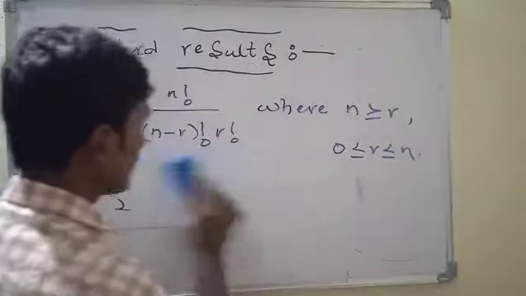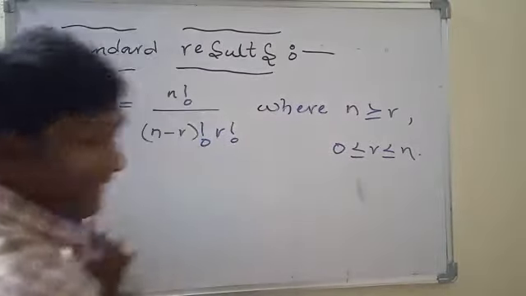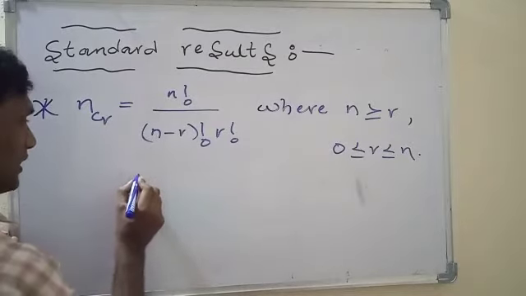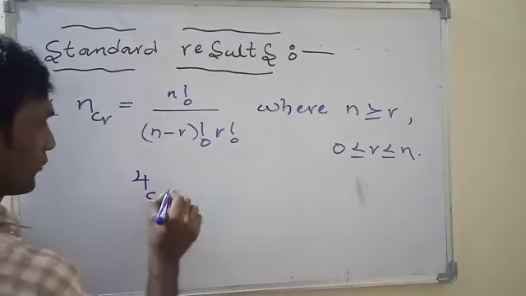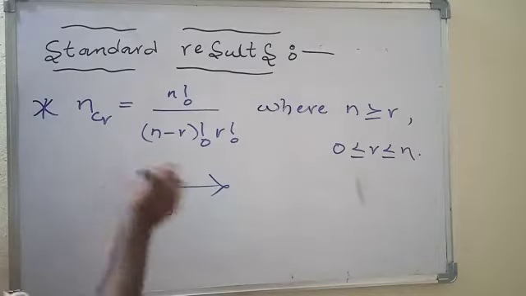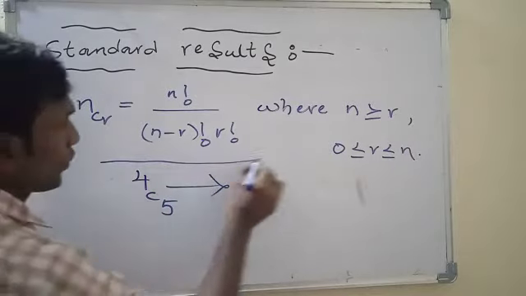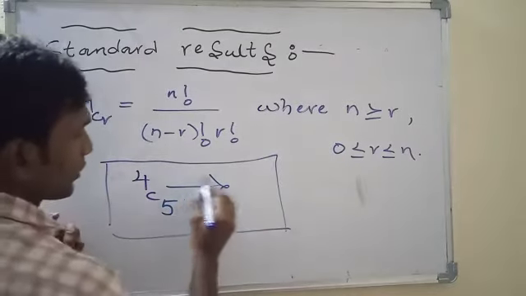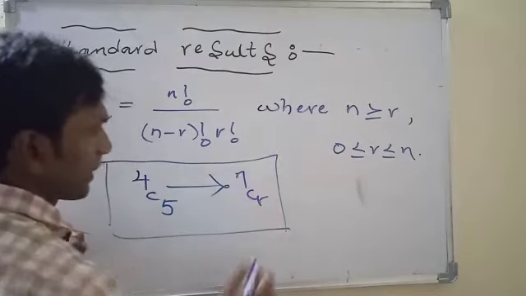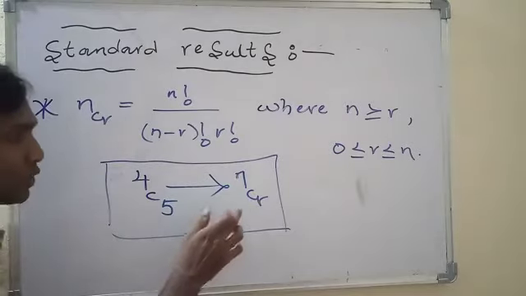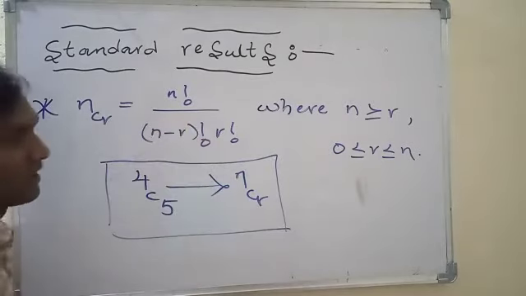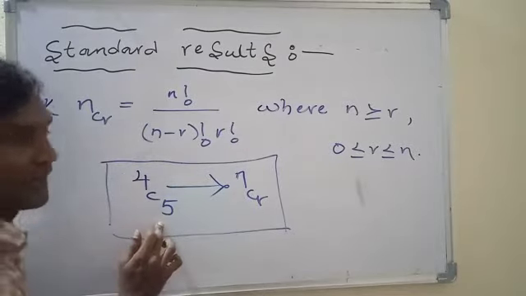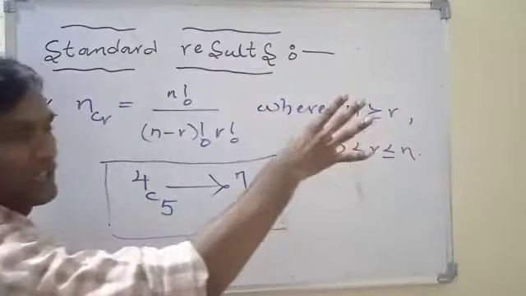So these are the two conditions for finding the value of nCr by applying this formula. Suppose the given binomial coefficient is 4C5. To find the value of 4C5, we apply the formula of nCr. The given binomial coefficient 4C5 is in the form of nCr, but to apply the formula, it must satisfy these two conditions.